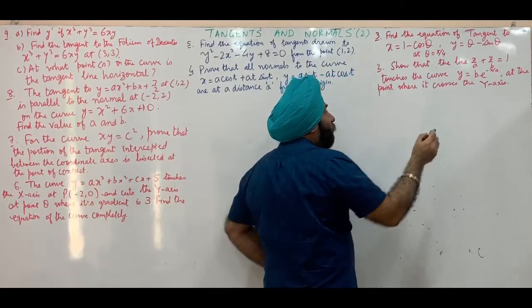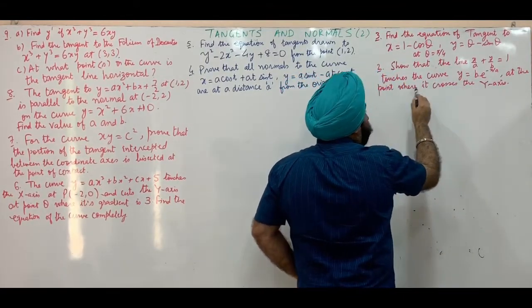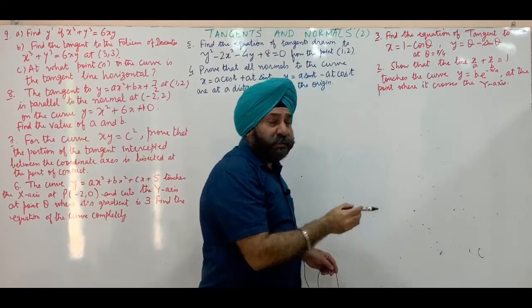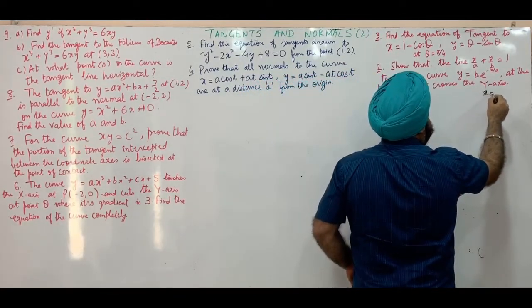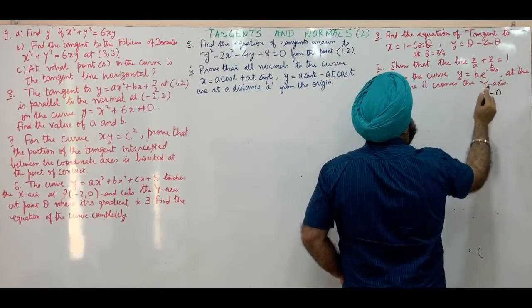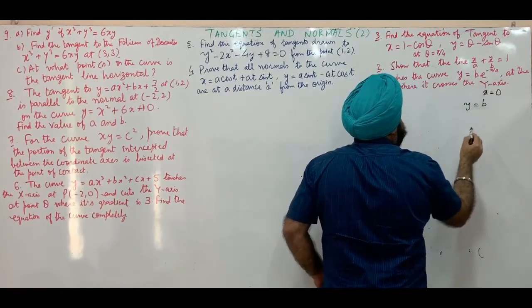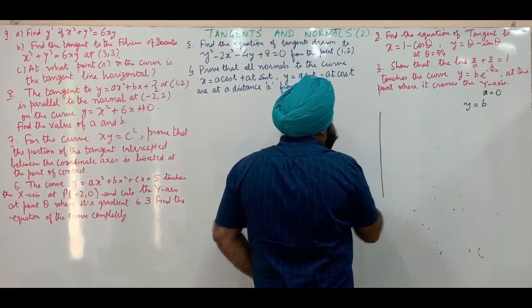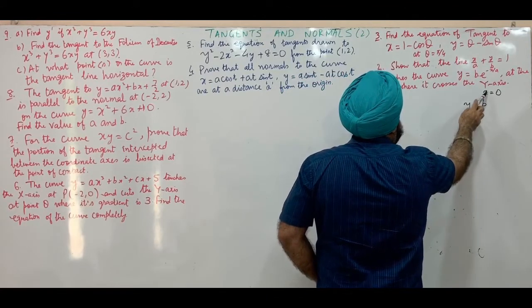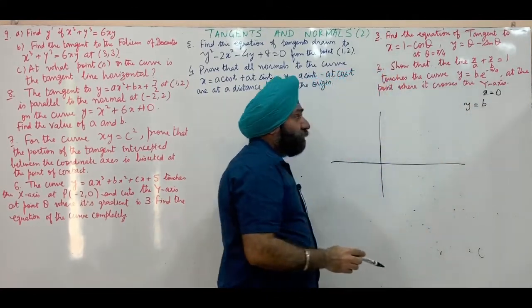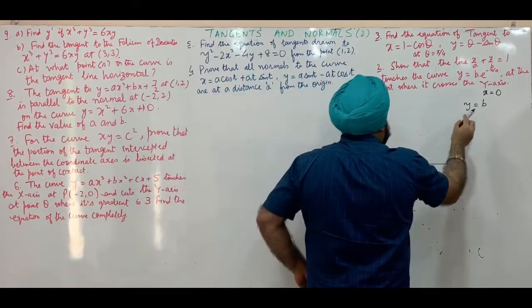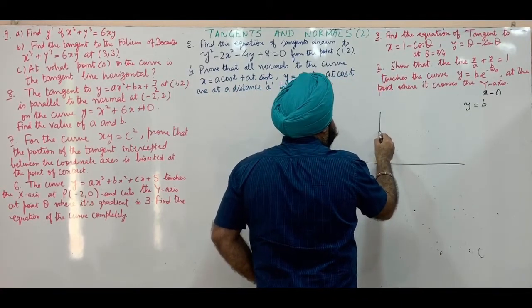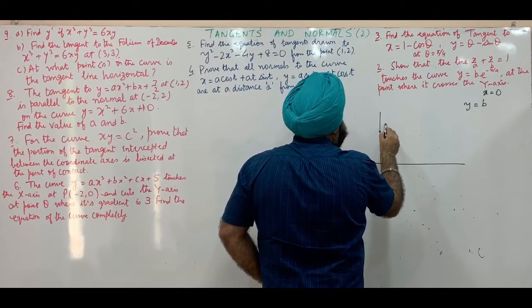So we can find out the point where this crosses the y axis. Y axis is x is equal to 0. We put x is equal to 0 here, y is equal to b. So the point where the curve crosses the y axis is 0 comma b.